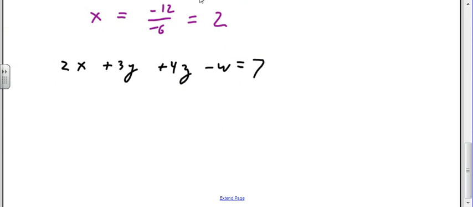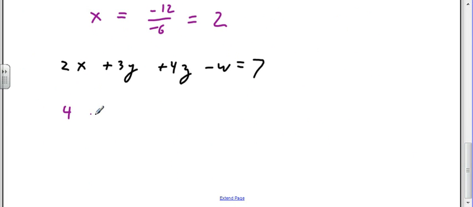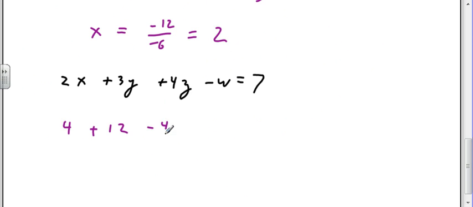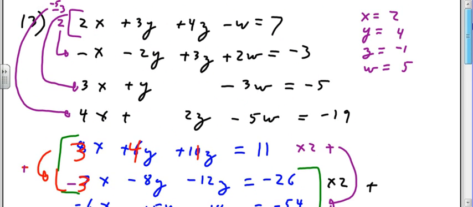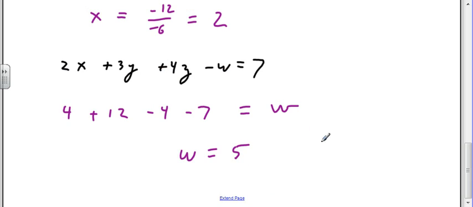All right, so I have 4, and y is 4 plus 12, and z is minus 1 minus 4 minus 7 has to equal w. Okay, so the 4's go away, and 12 minus 7 is a 5, so w is a 5. Then we go back up, check and make sure w is a 5. Yay, we got it. There we go.